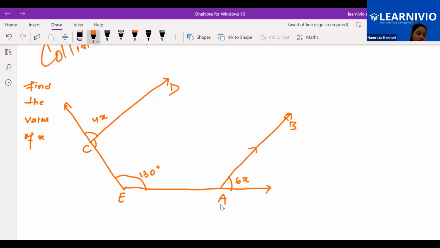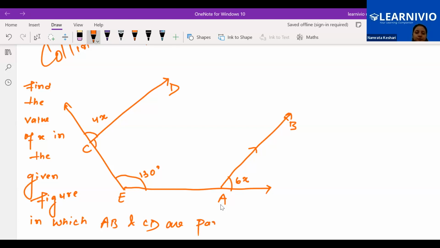Let me write the instruction. In the given figure, in which AB and CD are parallel, find the value of x. Try it, then we'll be discussing it over here.